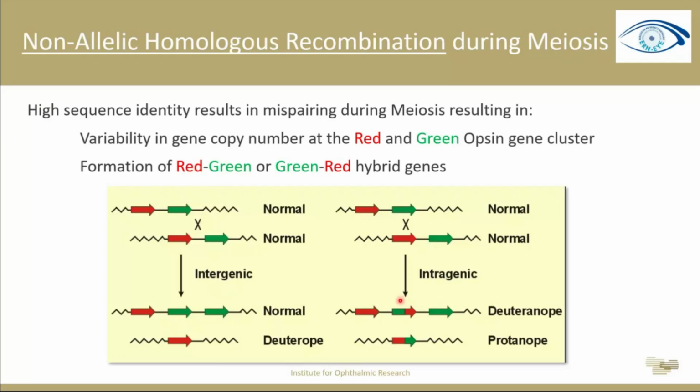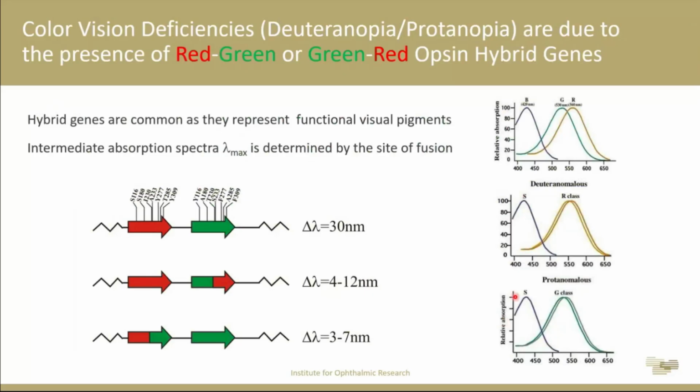These hybrid genes are associated with the red and green color vision deficiencies. And they are not really disease relevant, because these hybrid genes are perfectly functioning visual pigments. They only don't have those 30 nanometers wavelength difference, meaning that the color vision deficiency is defined by the intermediate absorption spectrum.